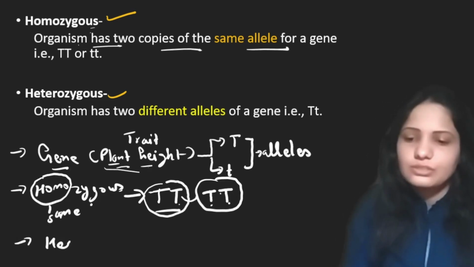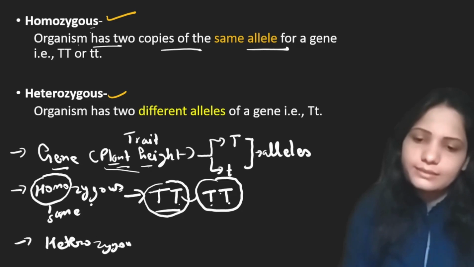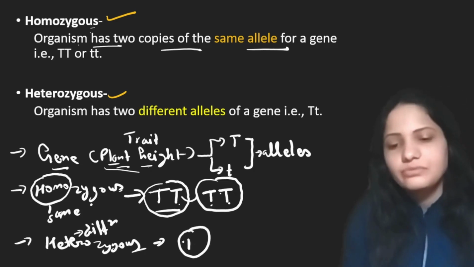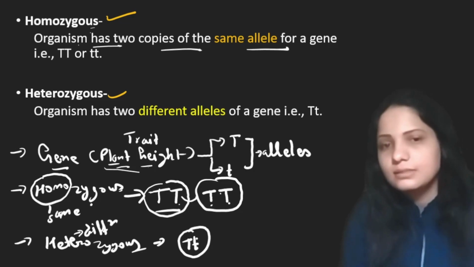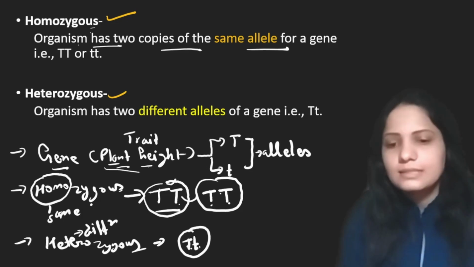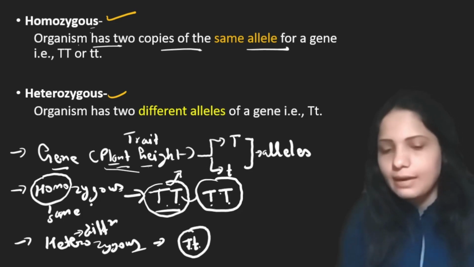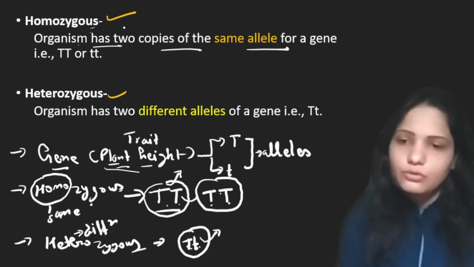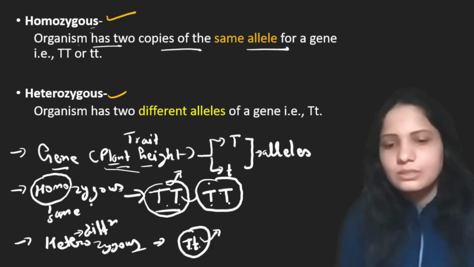If an organism is heterozygous, hetero means different. The organism will have different types of alleles in its cell, capital T and small t, different alleles for a trait. These are the alleles of plant height, and this is also an allele of plant height. You know what is homozygous and what is heterozygous.